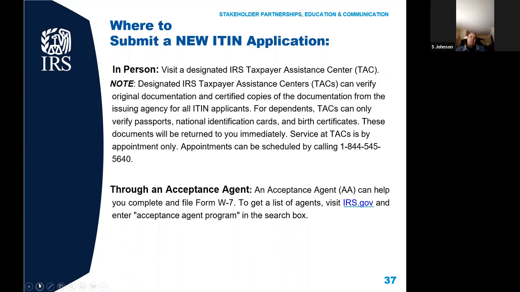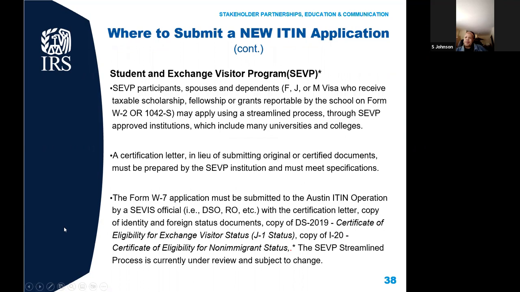Another option is to take it to an acceptance agent. An acceptance agent can help you complete and file the Form W-7. There's a list of these acceptance agents on irs.gov. Now, the one thing about an acceptance agent is they usually charge.